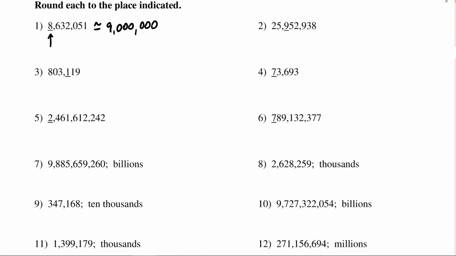Mathematically, there is a rule. Once we know to which place to round, we look at the number to the right, and if it is greater than or equal to 5, we add 1 to the number that we want to round. So basically 8 plus 1 becomes 9.